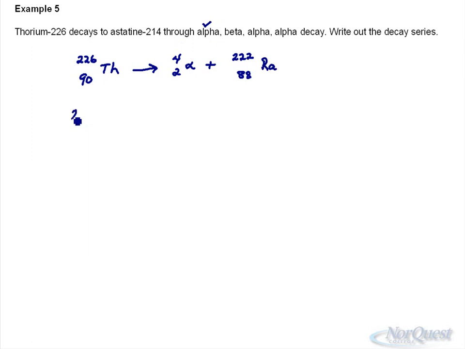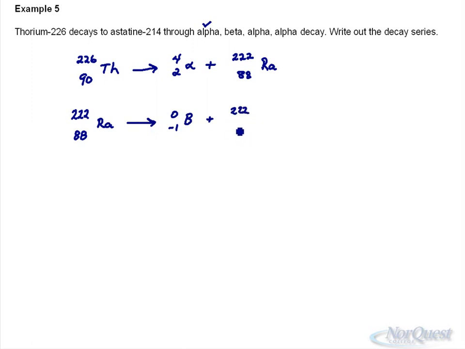So radium-222, 88 is going to undergo beta, and again, unless you're told beta positive, you assume it's the electron because that's the one that occurs naturally. And what we're going to be left with, again, you balance the top numbers, 222 nucleons.